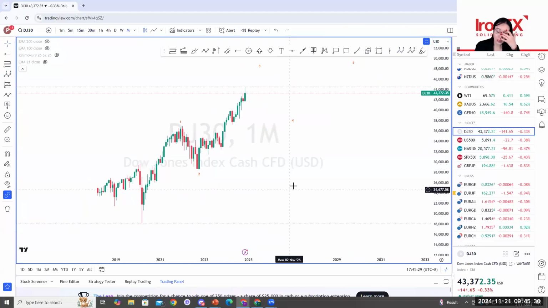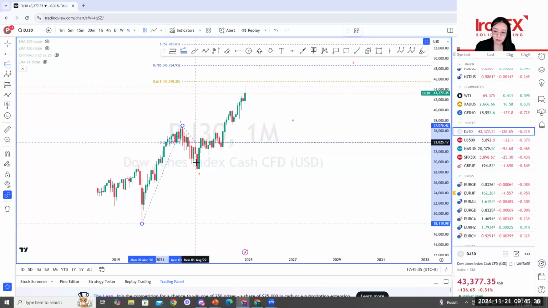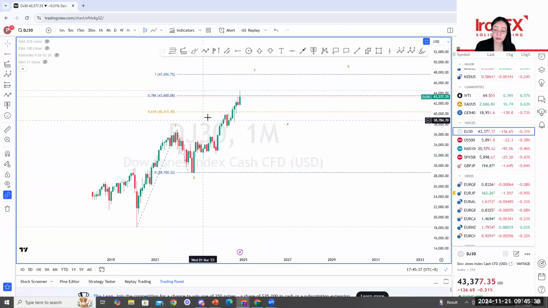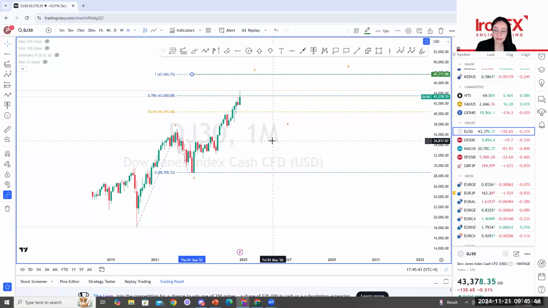Okay. Now what we could use, you can use the projection or expansion, either you call. Okay, you can see that they cannot close above 78.6%, but potentially they might go to at least 100% projection. We need to see.